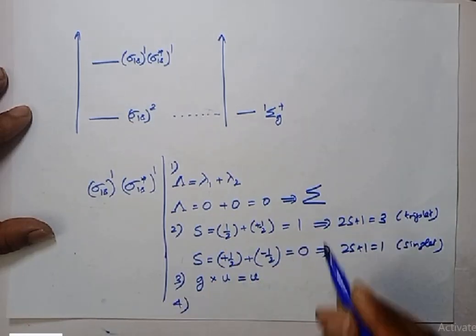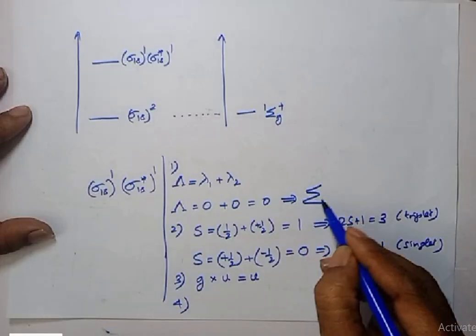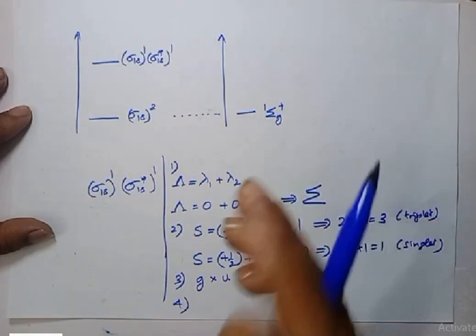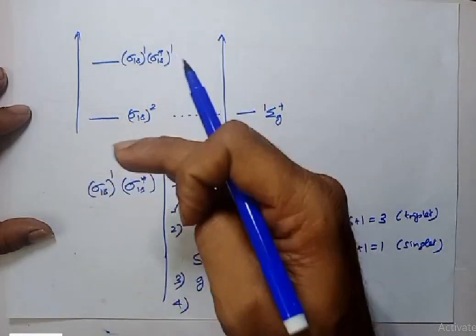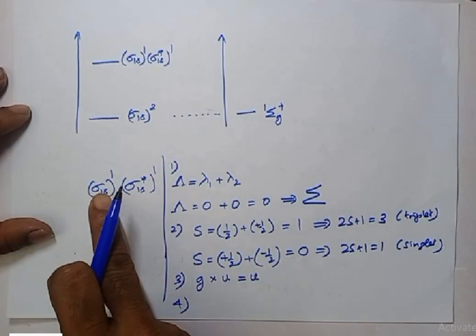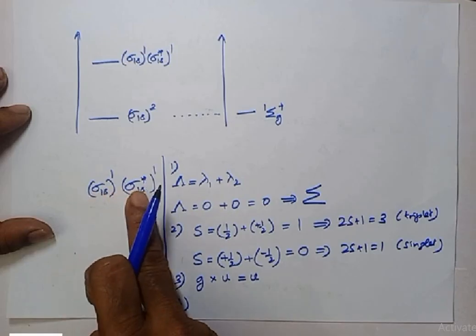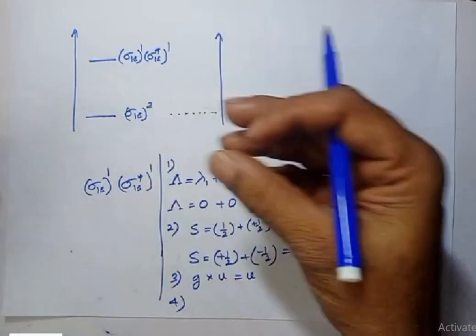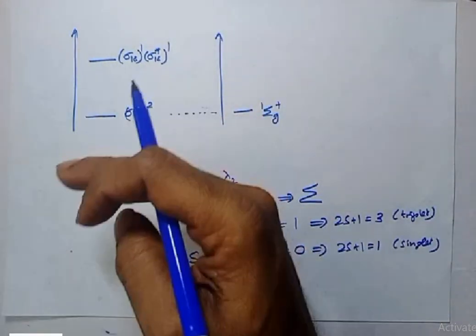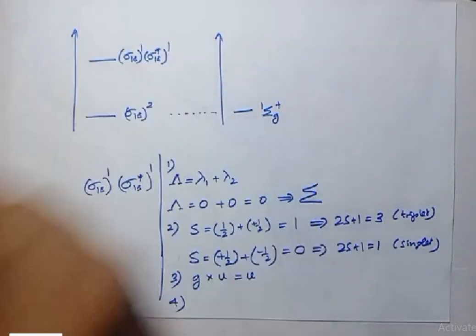Then, since it is a sigma state, we should find out the plus or minus sign. We should see reflection. Since sigma bonding and sigma anti-bonding are both cylindrically symmetrical about the internuclear axis, they are symmetrical with respect to reflection.